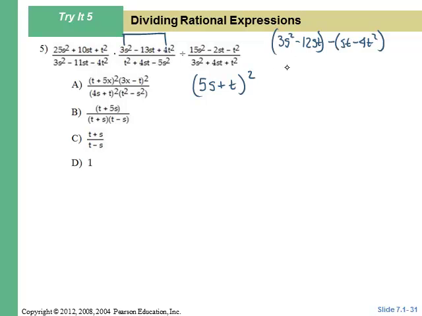Okay, let's factor out a 3s out of the first one, left with s minus 4t. Factor negative t out of the second one, we're left with s minus 4t. So our factored form is 3s minus t, s minus 4t.